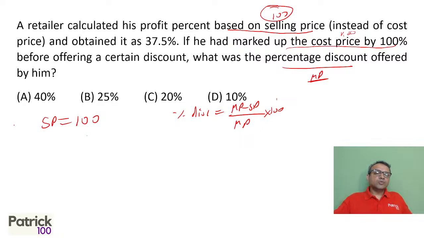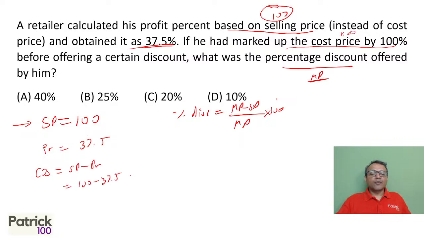If I assume selling price is 100, he made a profit of 37.5% on selling price. So profit is 37.5. So cost price is nothing but selling price minus profit, which is 100 minus 37.5, 62.5.